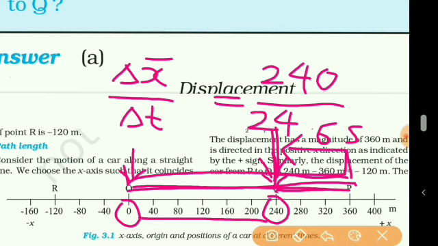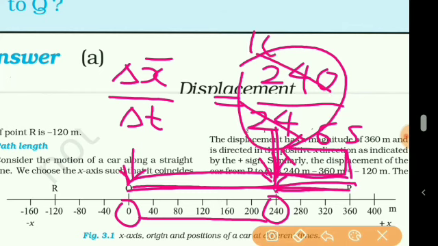So the time for this whole path, that is OPQ, is this much. If you divide this, you will get 10. So the average velocity will be 10 meter per second. Once again, you can see from initial to final, it is towards the positive x direction. So this average velocity will be plus 10 meter per second.